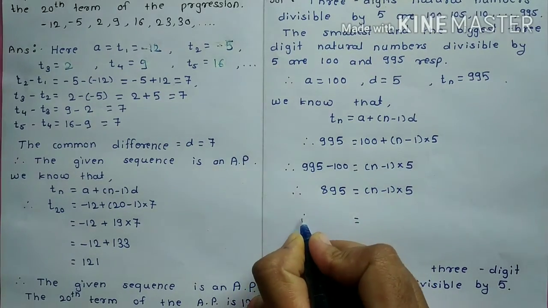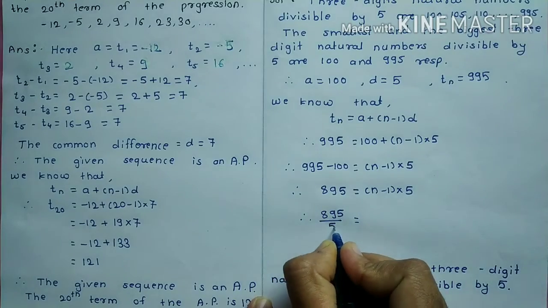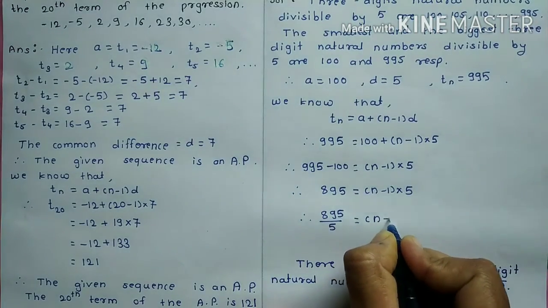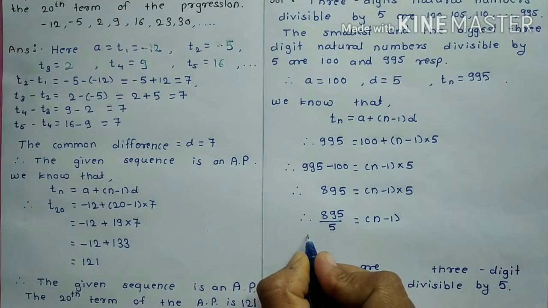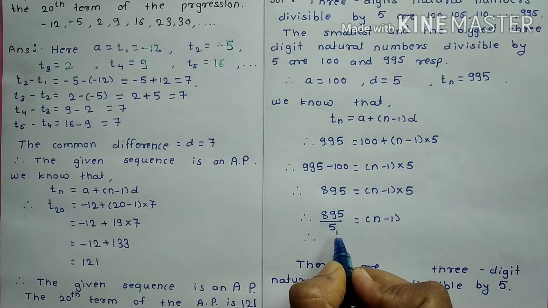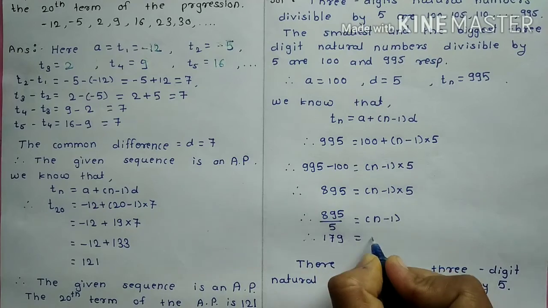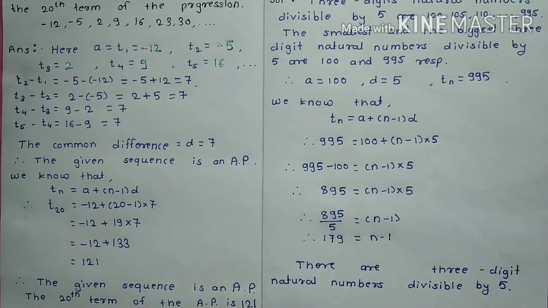Therefore 895 divided by 5 is equal to n minus 1. 895 divided by 5 is equal to 179, equal to n minus 1.